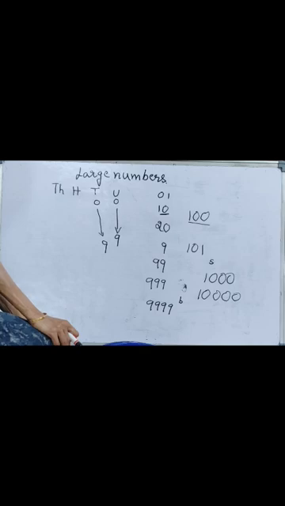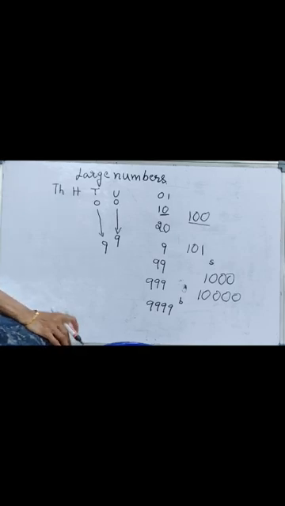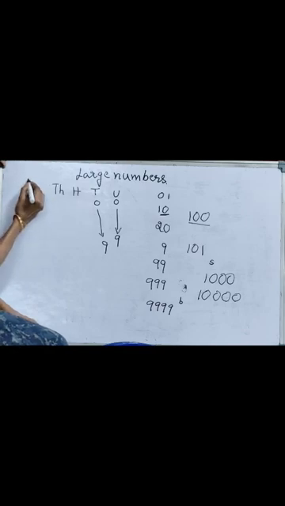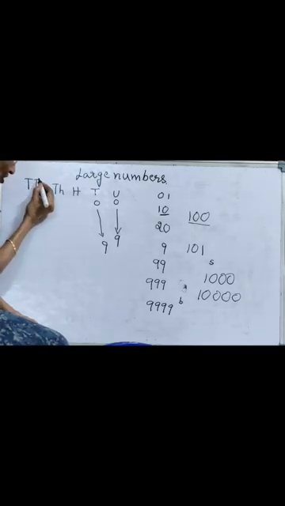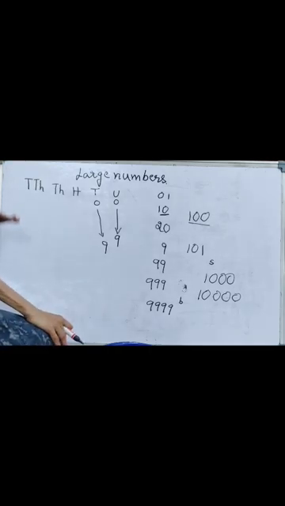The smallest number, 10,001. So to write 10,000, I'll write 10 for T and 4,000 TH. So this is how we read and write the large number.